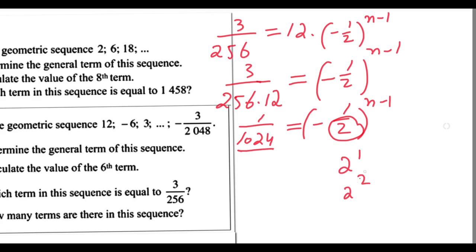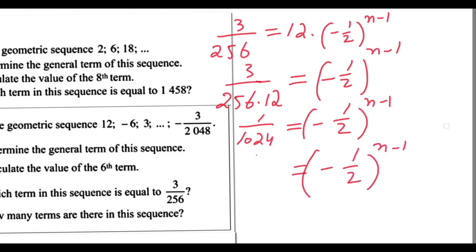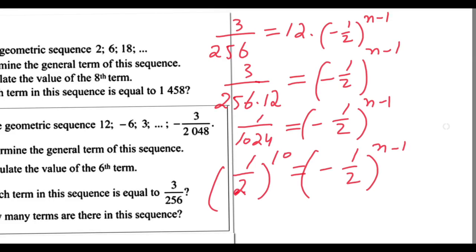Then I can make the bases same and now can solve the question. So now this one is negative 1 over 2 power n minus 1, and this becomes 1 over 2 power 10. So you must remember here something: 1024 is equal to 2 power 10.